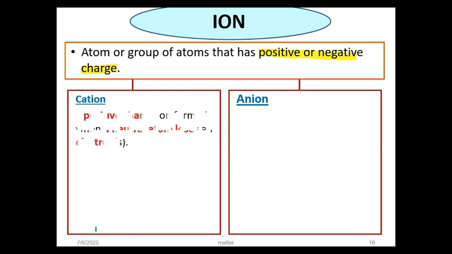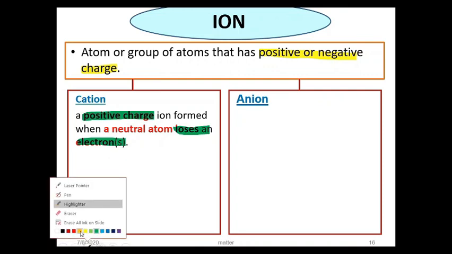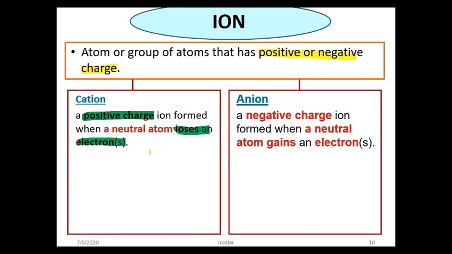A cation is a positively charged ion formed when a neutral atom loses an electron or electrons, while an anion is a negatively charged ion formed when a neutral atom gains an electron.